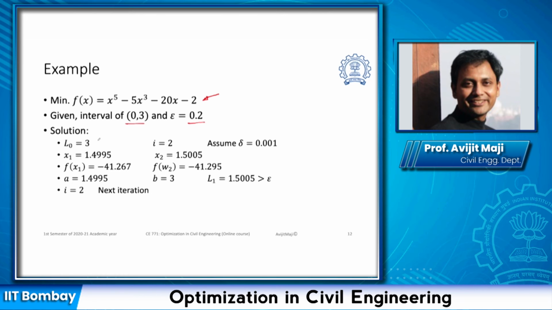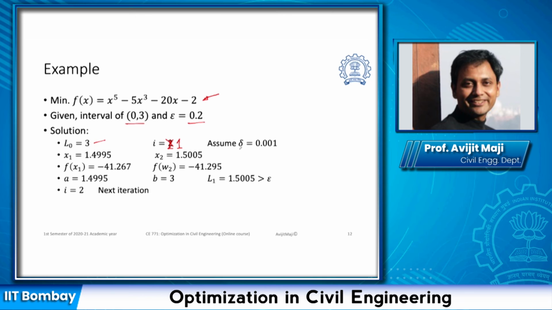So in the very beginning the interval length is 3 and our interval counter is 1. We need to assume a very low number, based on which we are going to deviate from the middle point.